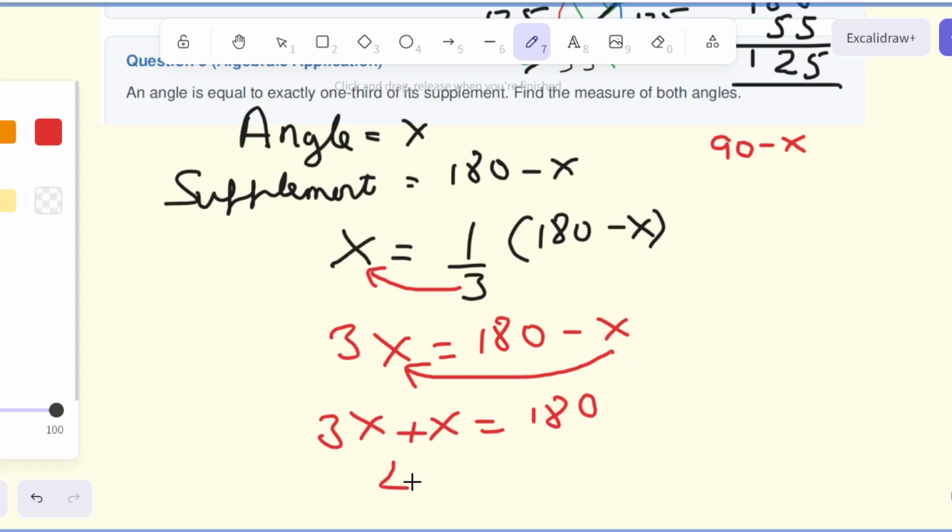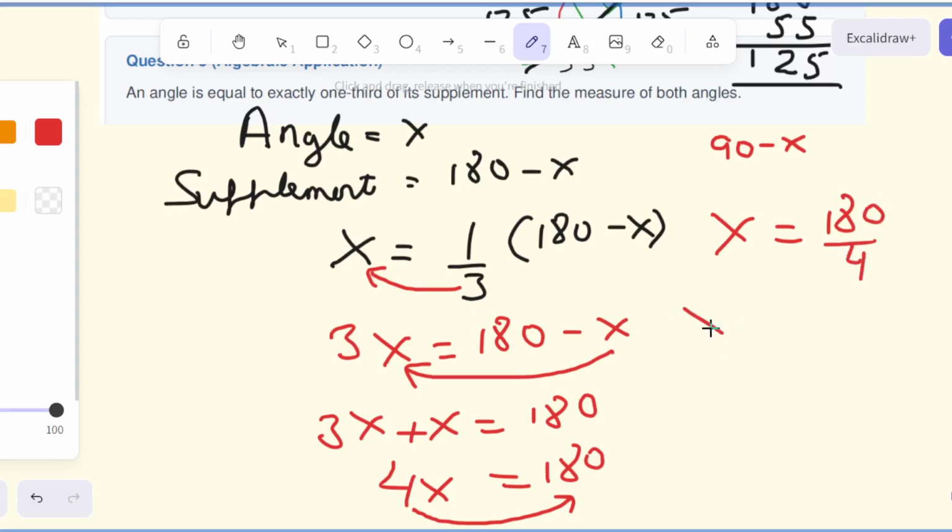And that's how you get 4x equal to 180. Then you can take 4 to the other side, and 180 divided by 4 is equal to 45 degrees. Because half of 180 is 90 and half of 90 is 45. So the angle is 45.